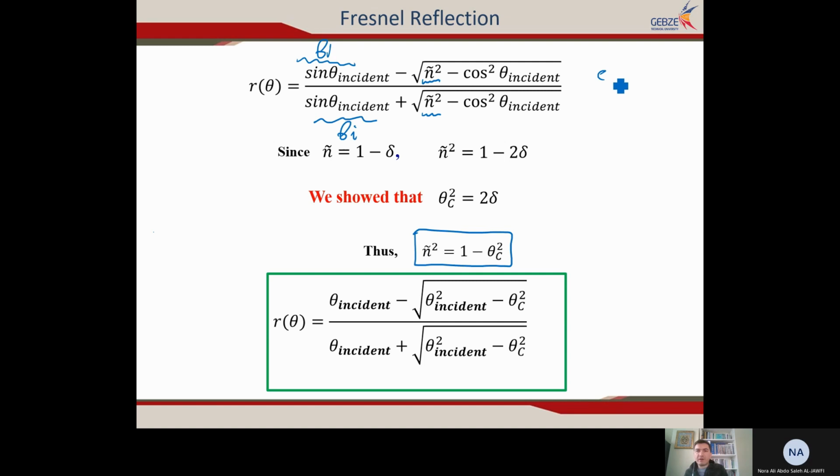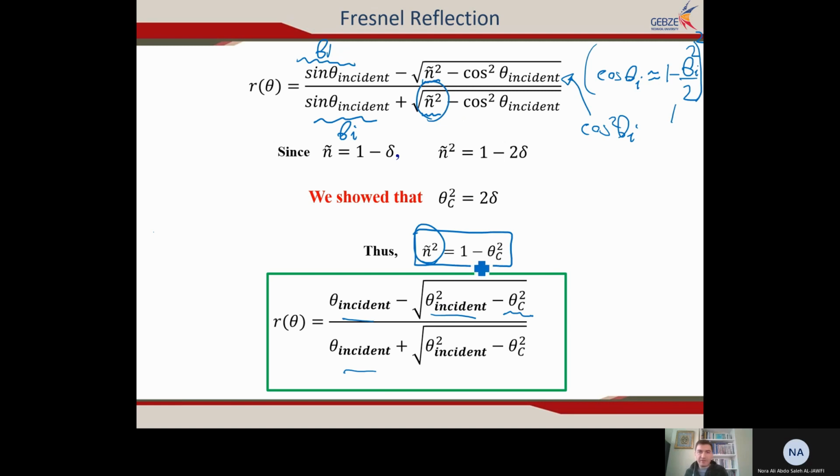And for the cosine theta incident, for very small theta angles, you can write it like this. If you take the square of it, then you can get cosine square theta incident. Just also use this one here. Then finally, you will get this expression, theta incident square on the right side, which comes from the Taylor series, and also the square of the critical angle, which comes from this one.